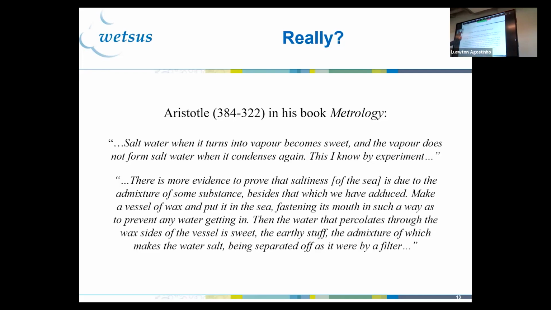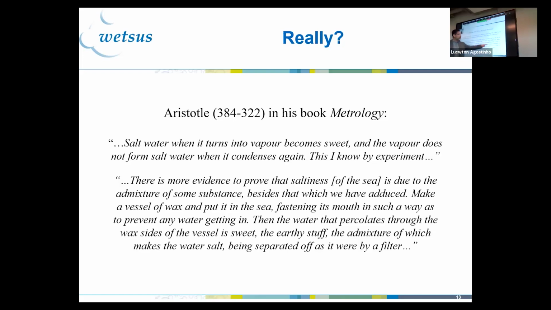And further on, in his same book, he says there is more evidence to prove that the saltness of the sea is due to the admixture of some substances he did not know back then. Besides that which we have adduced, make a vessel of wax and put it in the sea, fastening its mouth in such a way as to prevent any water from getting in.